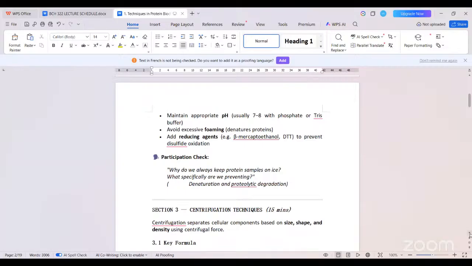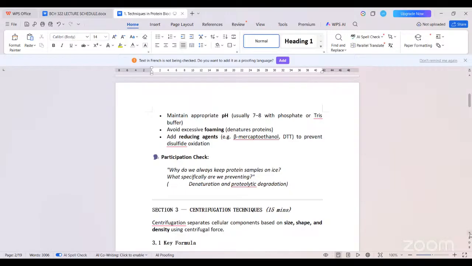Now, after we've broken the cell wall and secured the protein of interest, what separation techniques will we now use? Because it's a total package. Every component within the cell is also in the medium.